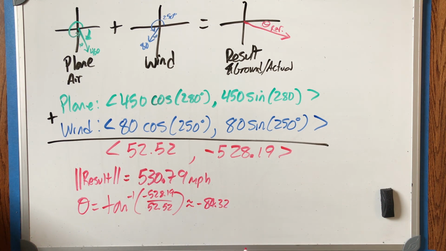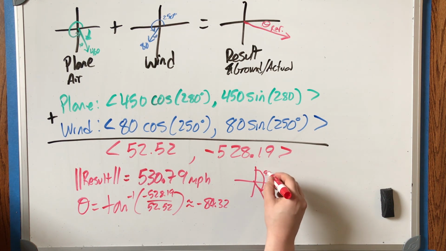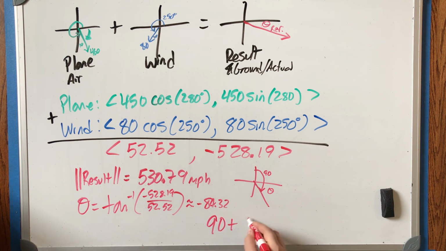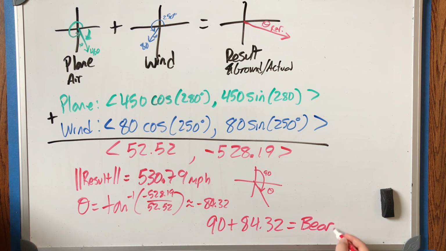So 84.32. And I know that this is in quadrant 4, and I want this to be a bearing. So this part's 90 and that part's theta. So I'm just going to do 90 plus 84.32, and that's going to equal the bearing that the plane is actually going in. So that's the ground direction, and this is the ground speed.